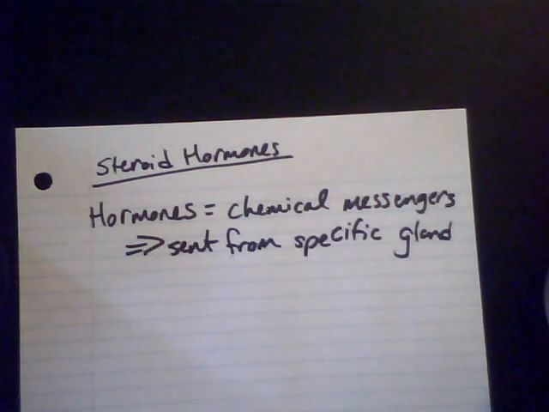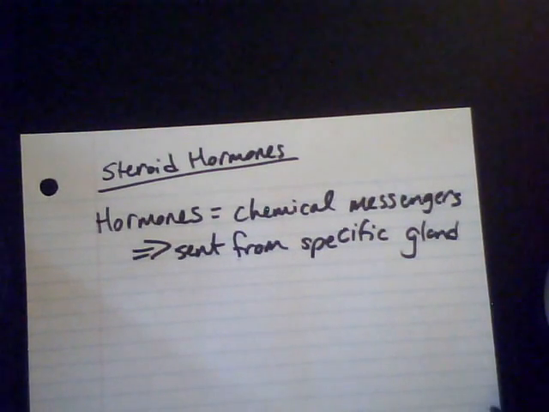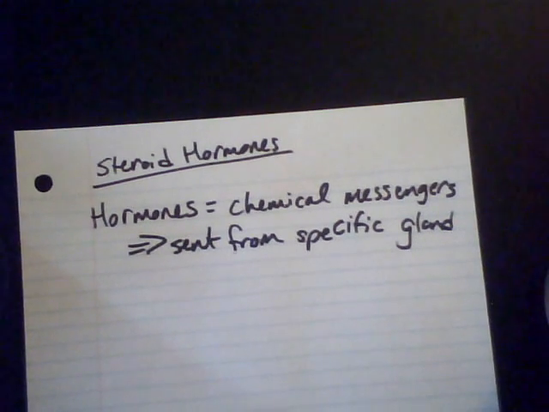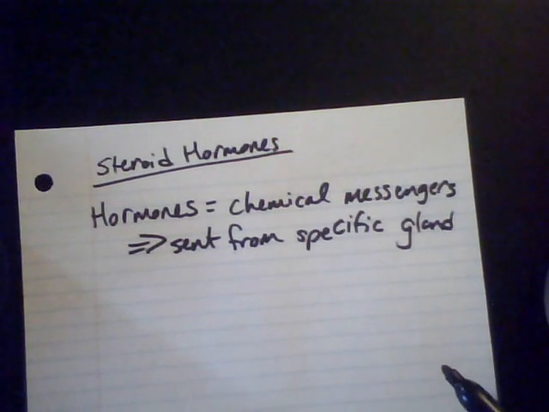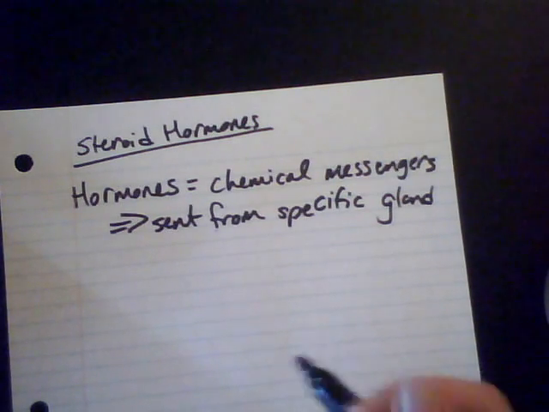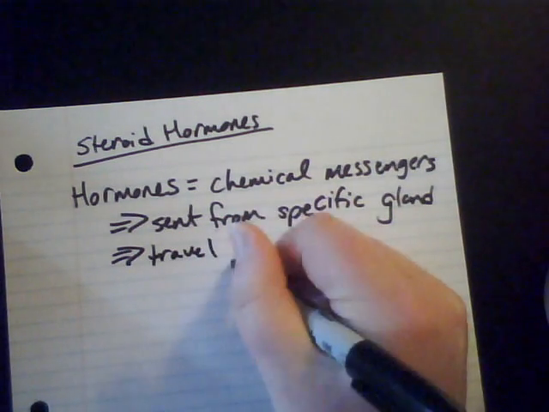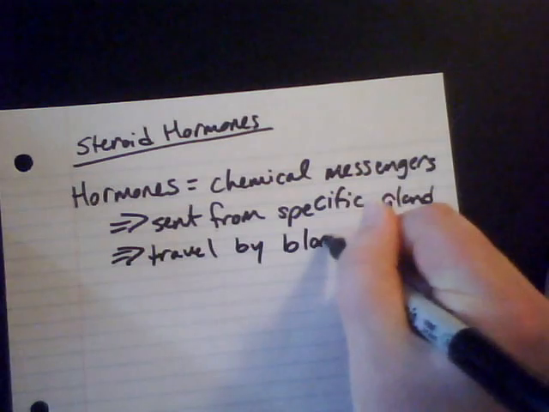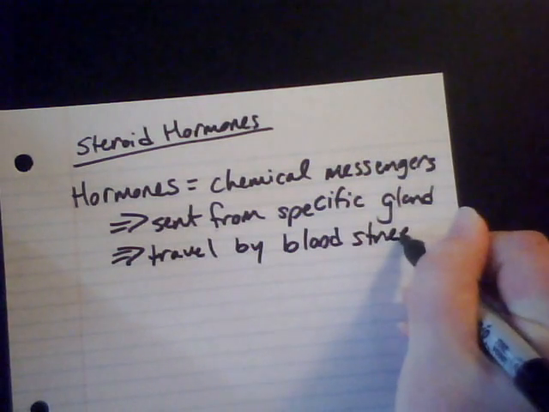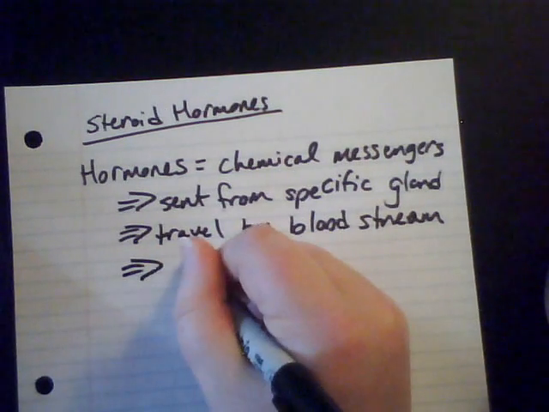And we're not going to get into all of the nitty-gritty details about which glands secrete which hormones, etc. But it's just important to kind of know generally how they work. So they're sent from a specific gland to a target tissue or organ of some sort, and they're traveling through the bloodstream. And they're going to a specific target organ.